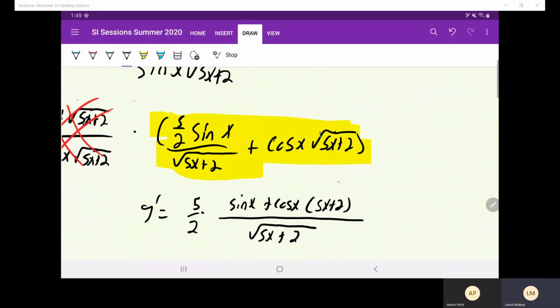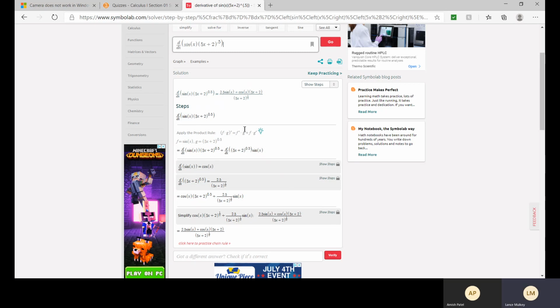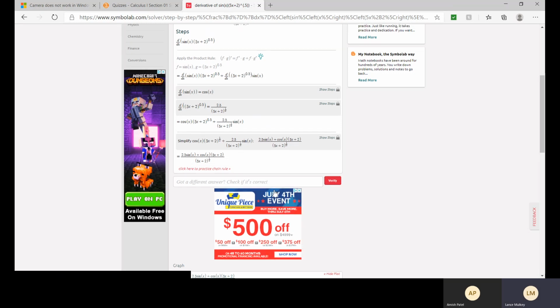And actually, no, you can't do this right here. You can only put that right here. Even the internet agrees with me. Let me go back to his quiz. So you can't pull out a sine x. See, look, I did this over here. And it said use the product rule. And it gave me my answer.